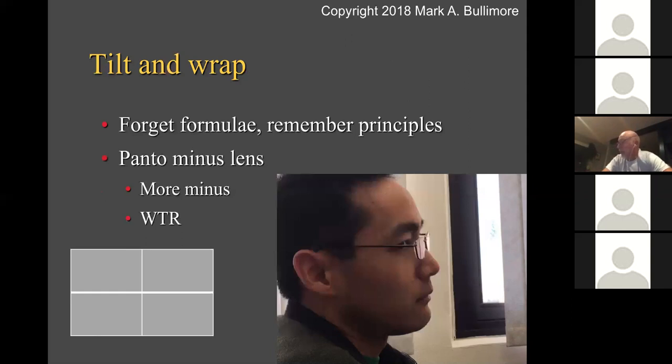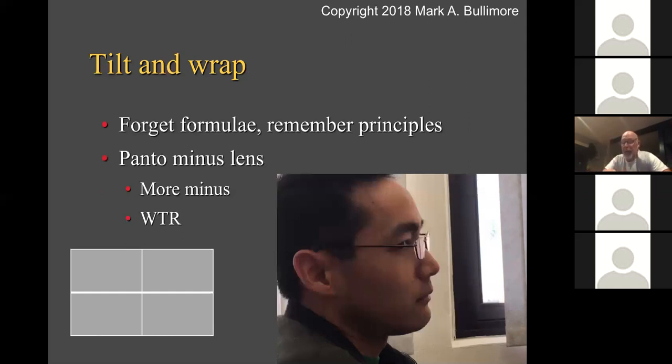And I can remember that tilting a lens increases the spherical power and it increases the cylinder power in the tilted meridian. So what that's going to do for a minus lens is panto is going to give me more minus sphere power and more with the rule of astigmatism, okay?